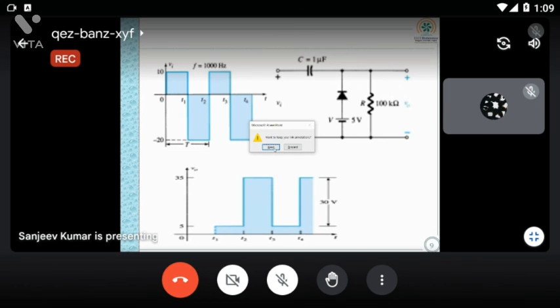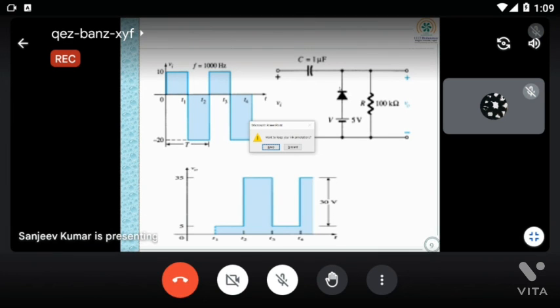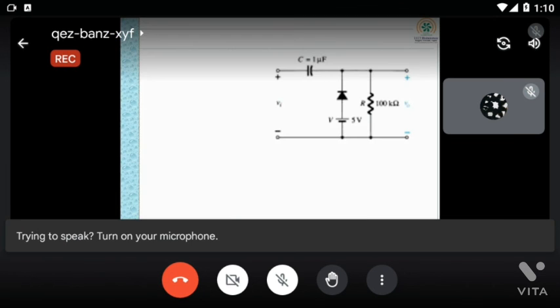Sir? Please. So in 0 to T1 time period, why is the capacitor not getting charged? Because in 0 to T1 time period, you can see this is the positive half cycle, but the diode will be in off condition. But the current can flow through the load resistor, na?